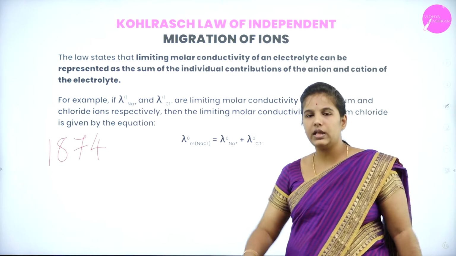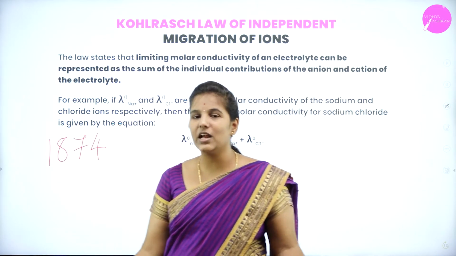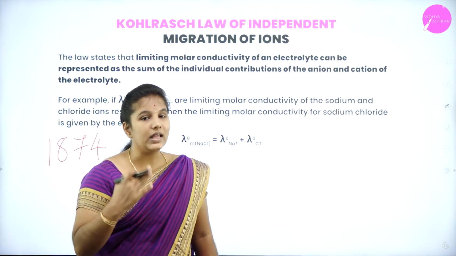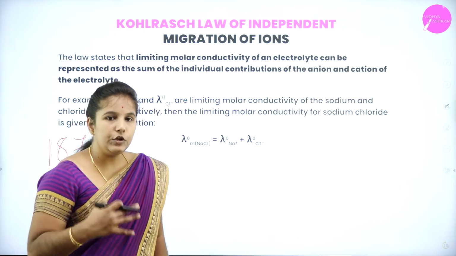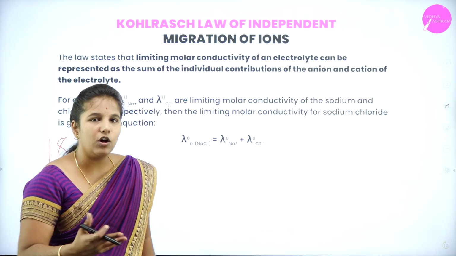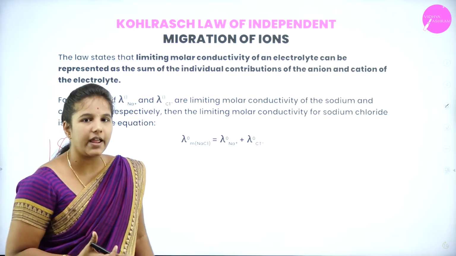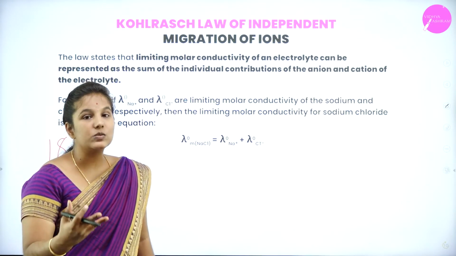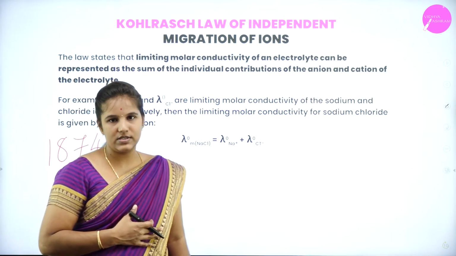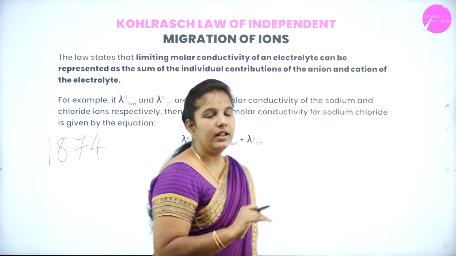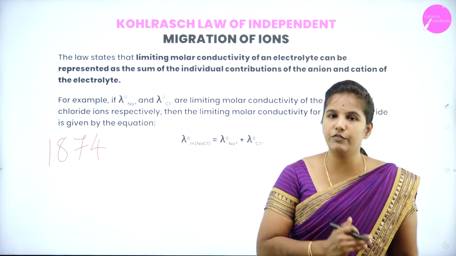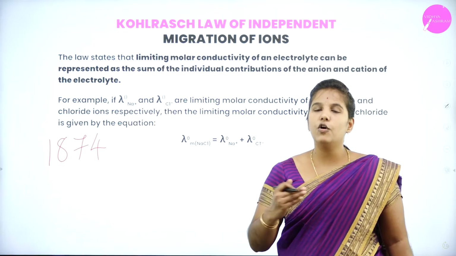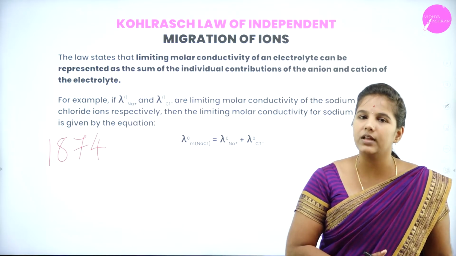So, how did he frame the law? By studying various electrolytes, he found that during the degree of dissociation of the ions, each ion present in an electrolyte is responsible for conducting the electricity.